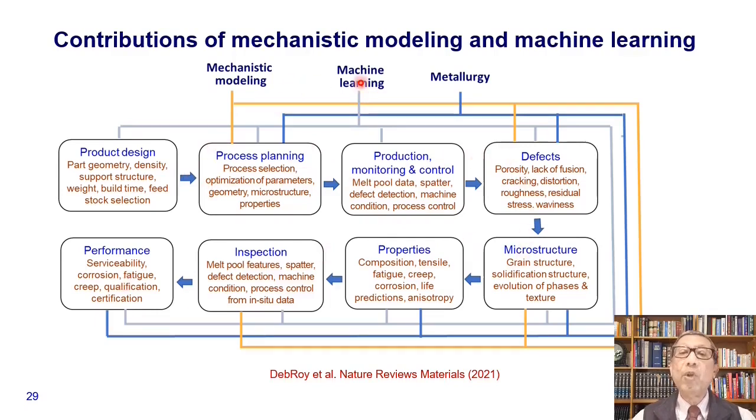If you follow the lines for machine learning, it helps practically every aspect of the additive manufacturing process. And mechanistic models can also help in many of these steps that we have identified here.